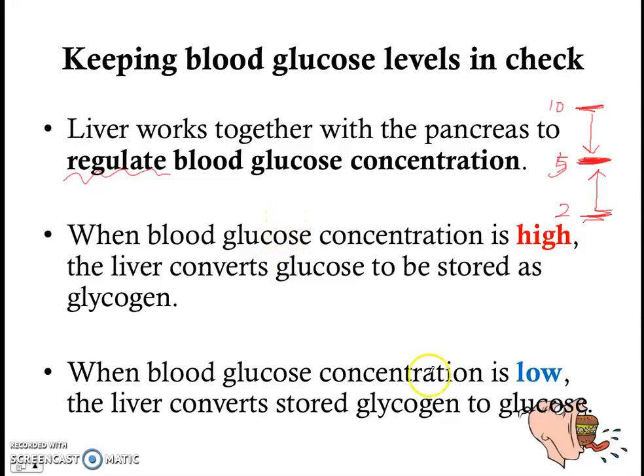But when the blood glucose concentration drops too low, about 2 units or something, then what the liver does is this: it takes the glycogen that is stored and converts it back into glucose and releases the glucose into the blood, right? So that helps to restore the glucose levels back to about 5. That's the level that the liver wants to keep the blood glucose at.